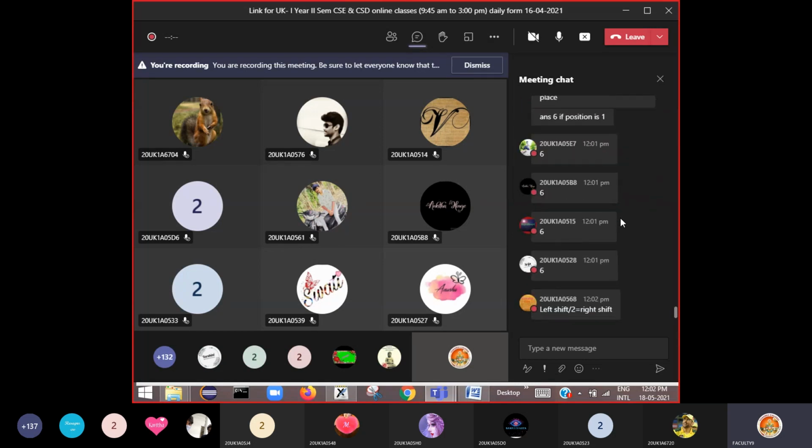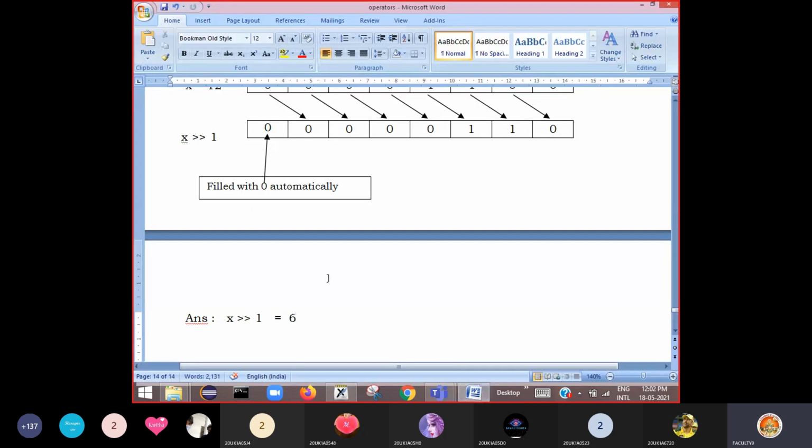Hope you got the logic. Left shift means multiplied by 2, and right shift means the number gets halved. Very good. Hope you got the logic.